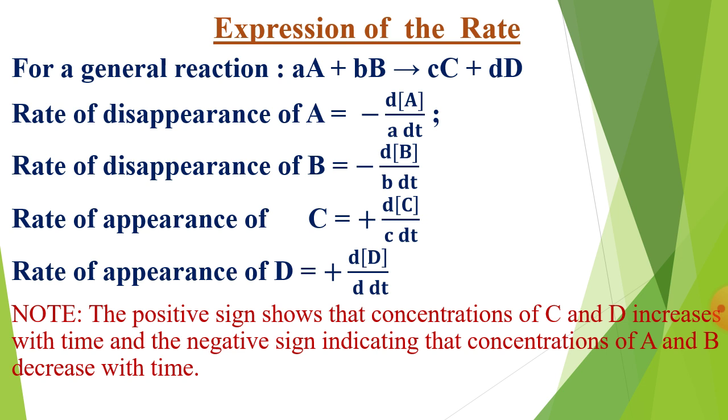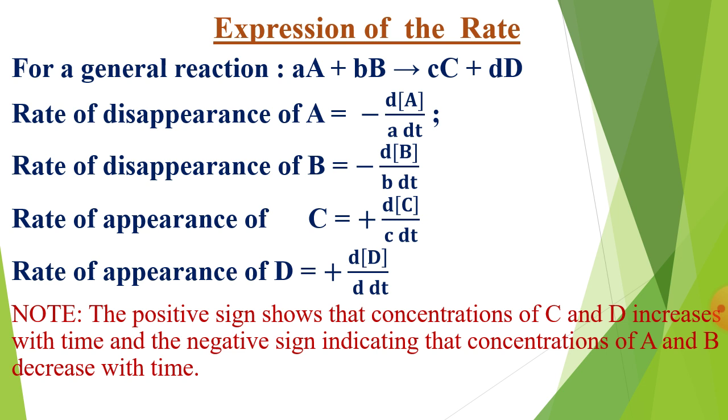Rate of appearance of C equals plus dC by dt. Here c is the stoichiometric coefficient, that's why we divide by c. Then rate of appearance of D equals plus dD by dt, divided by small d, which indicates the stoichiometric coefficient of product D.